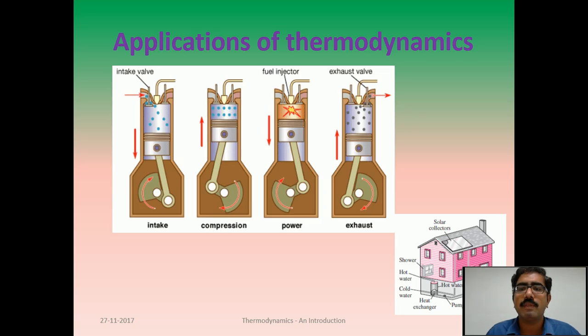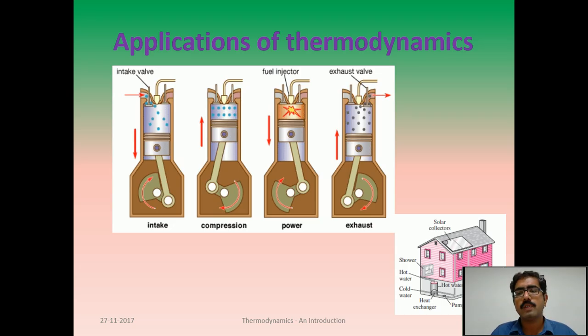Another example: consider a house in which we install a solar collector. With the help of the solar collector we heat the water, and that water we can use for domestic application. We pass the cold water, and with the help of solar energy we get heat, so the cold water is converted to hot water.